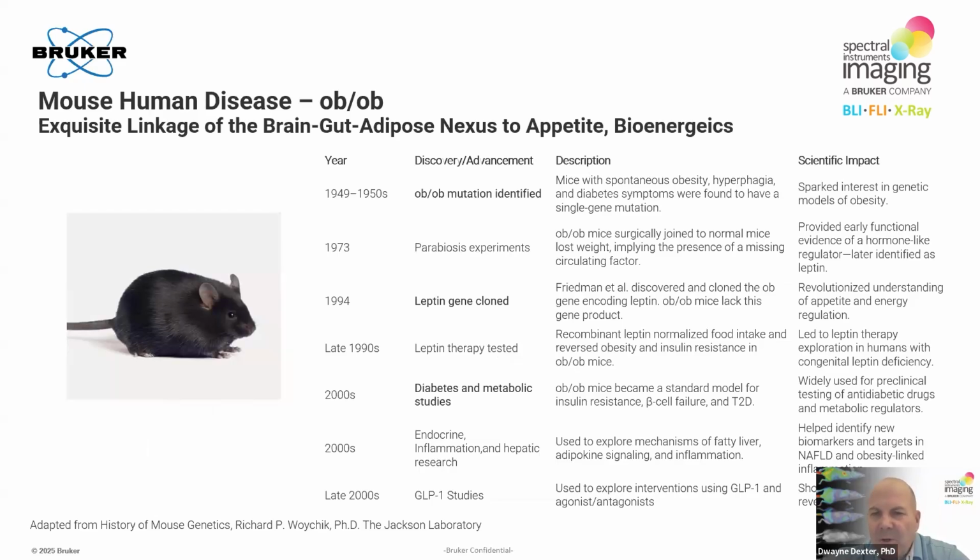The leptin gene was cloned from this, and from that point, this mouse and variants of it have been used in understanding metabolism, but also interventions that could reverse, for instance, diabetes, and most recently GLP-1 and the different variants of GLP-1 inhibitors.